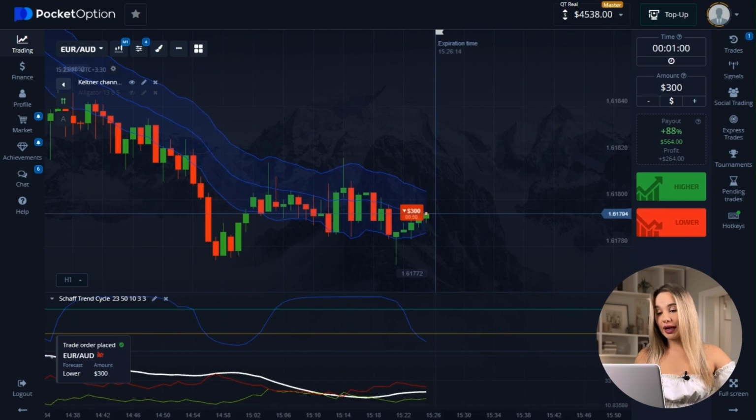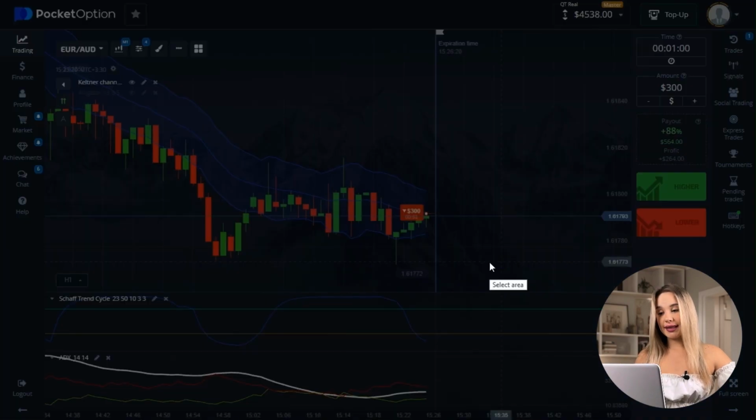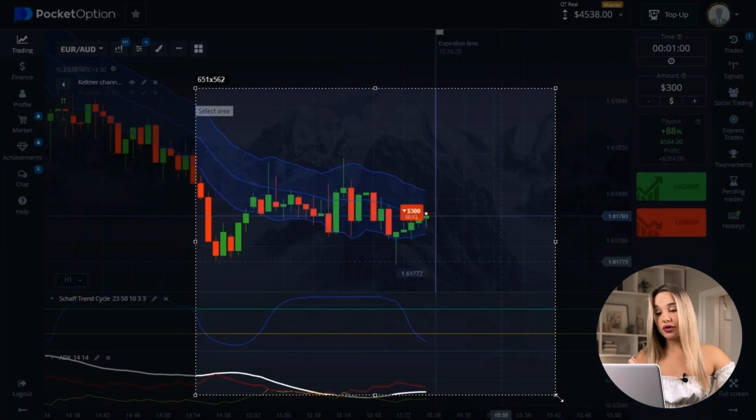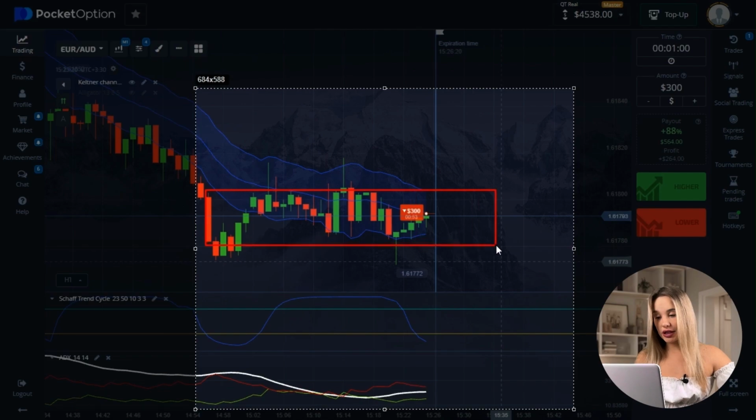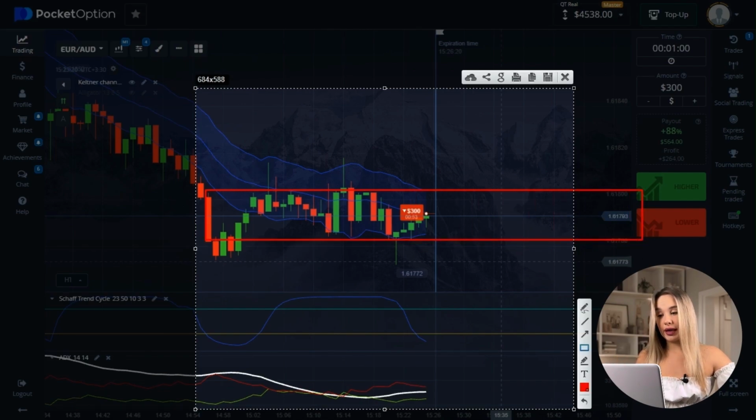Friends, I've just opened a trade betting on the drop in the Euro-Australian dollar exchange rate, and let's discuss why I did that. So we see that after a drop, the price is consolidating at the support level, and this area here is the consolidation zone, and its lower boundary is actually the support level.